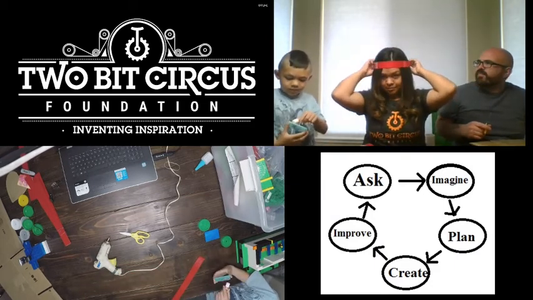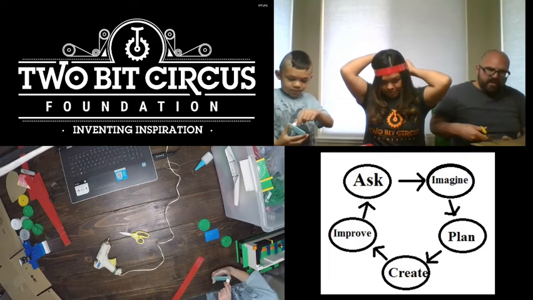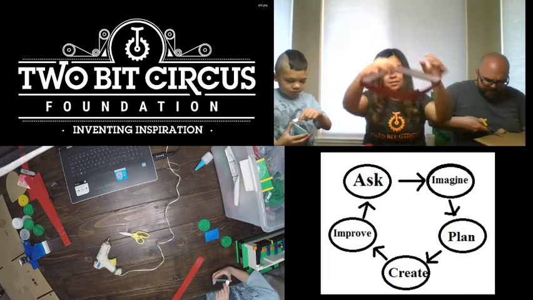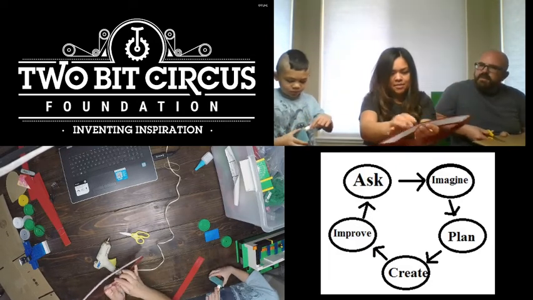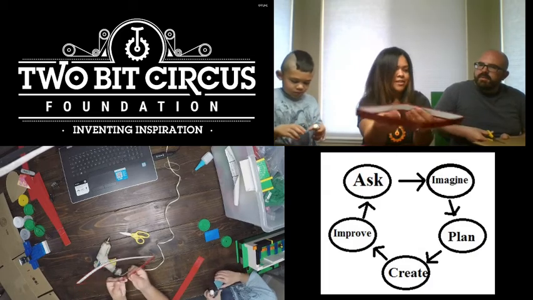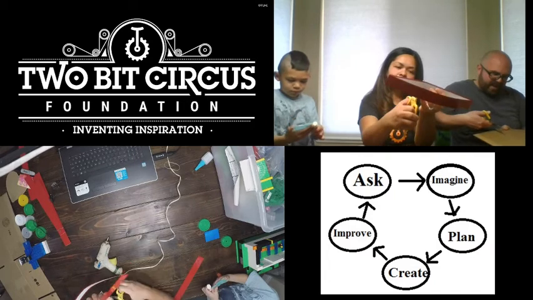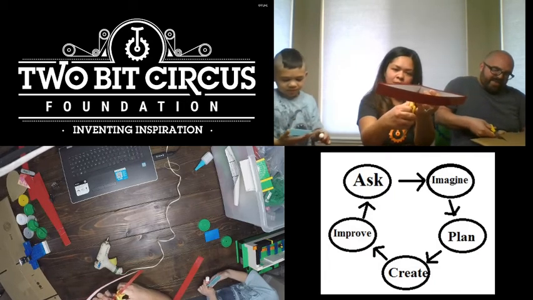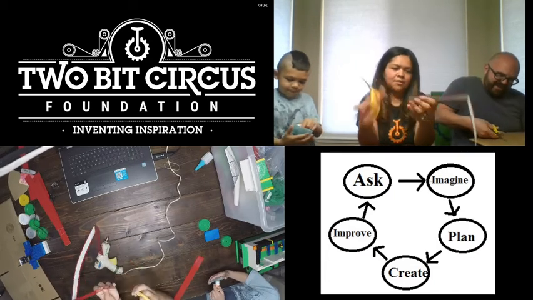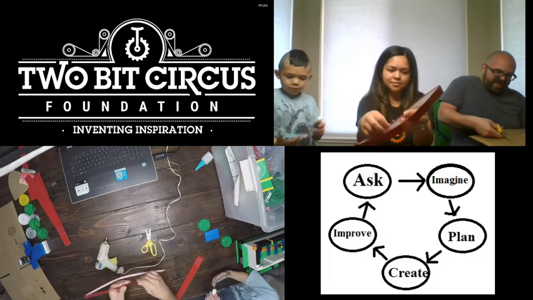That's awesome. So how are you going to make it adjustable, man? So I'm going to cut it and I'm going to make an interlocking system. Cool. I'm going to steal that idea. And I'm going to do the same thing out of cardboard over here, if I could get the cardboard cut.